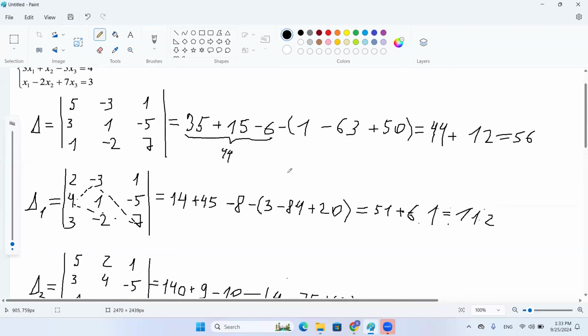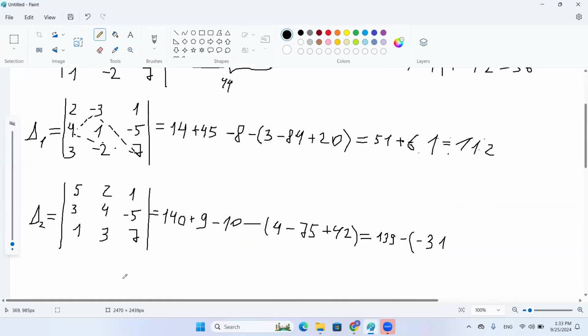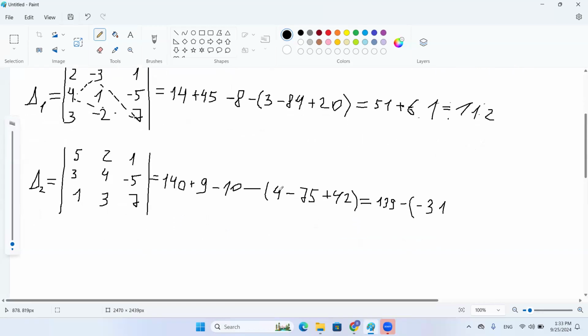So no, here is everything correct, and so the determinant itself is correct. 140, minus 10 plus 9, so correct, 4, minus 75 plus 42.